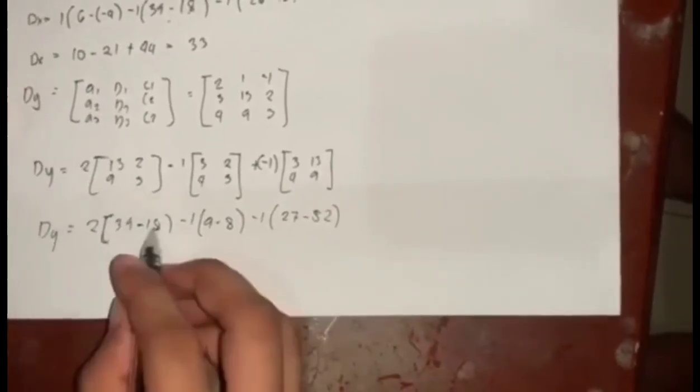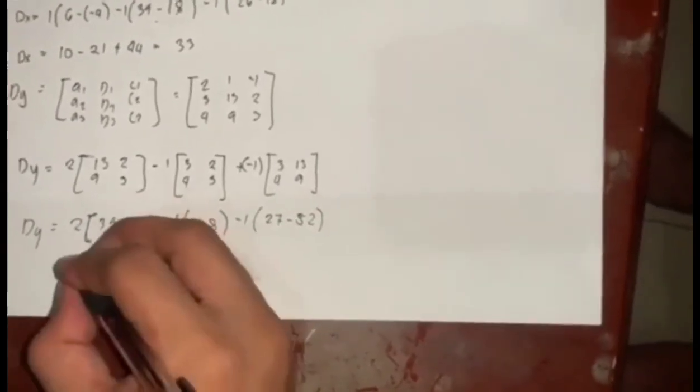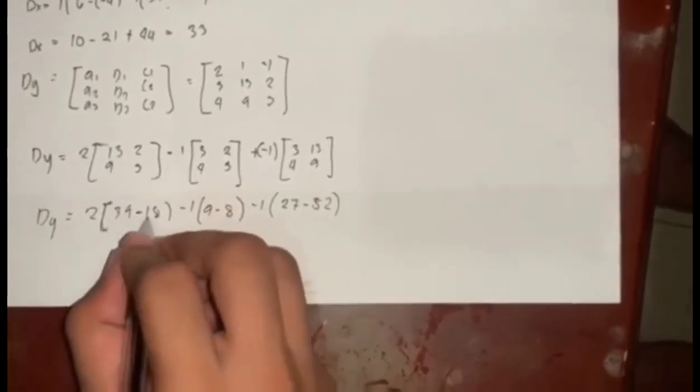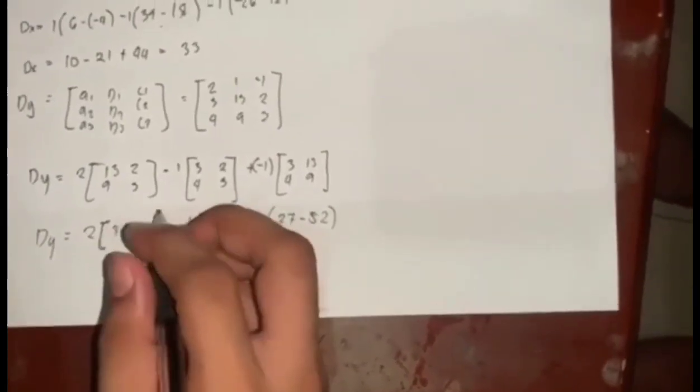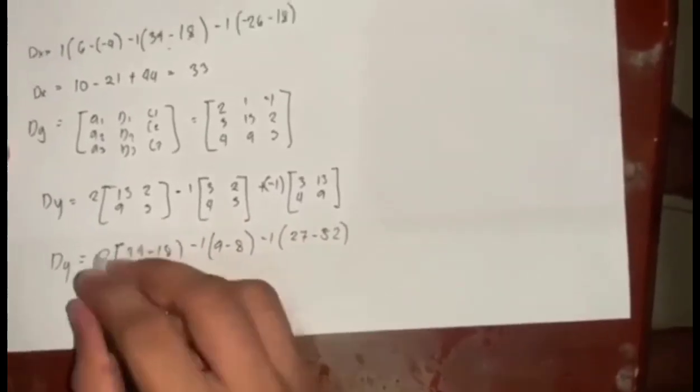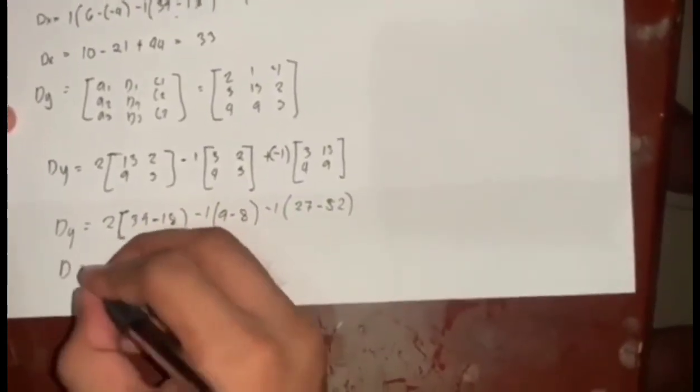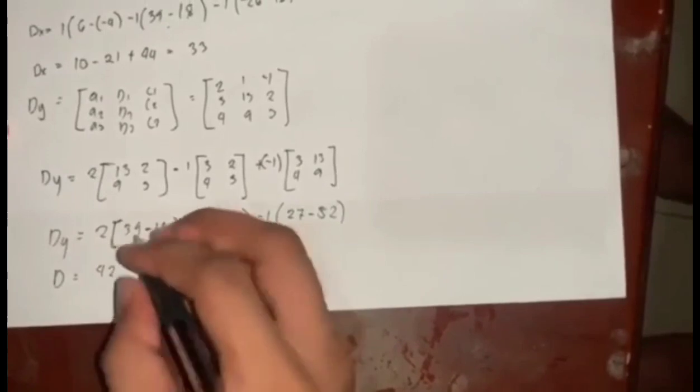And solve. 39 minus 18 is equal to 21. 21 times 2 is equal to 42.